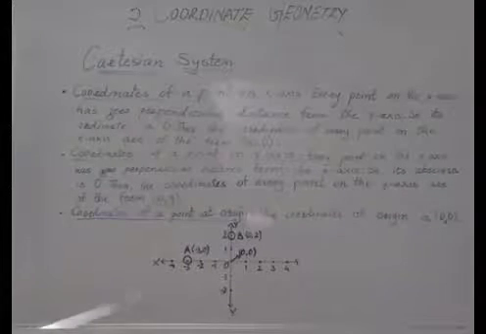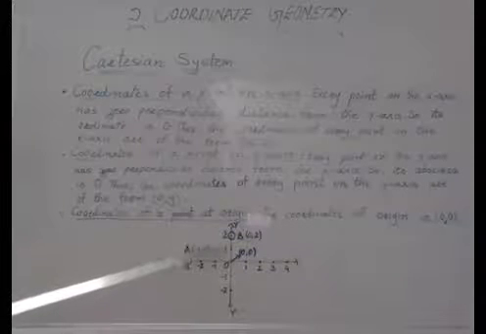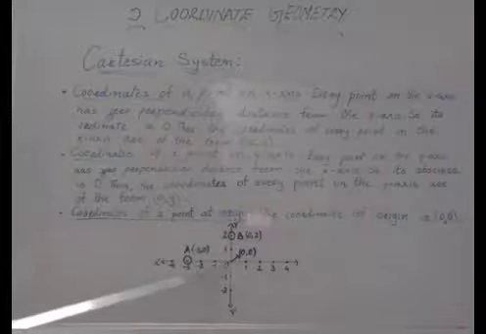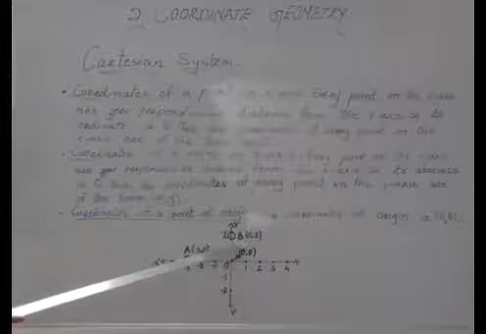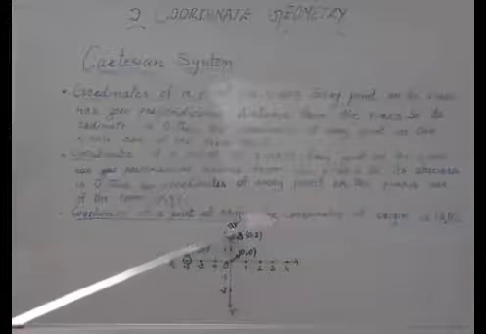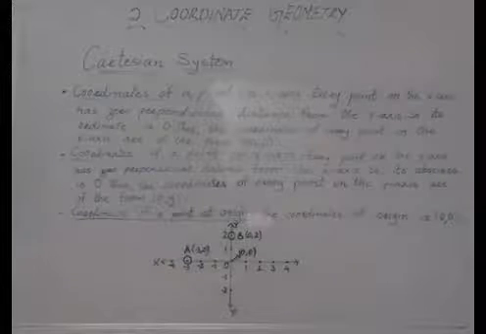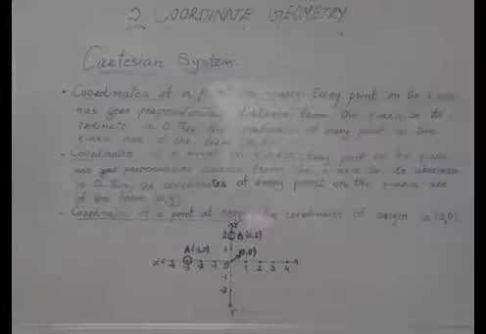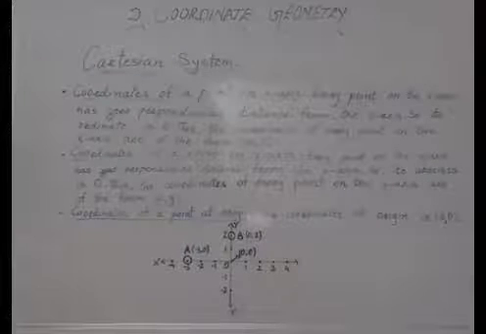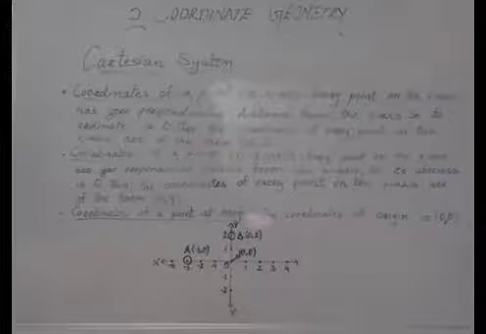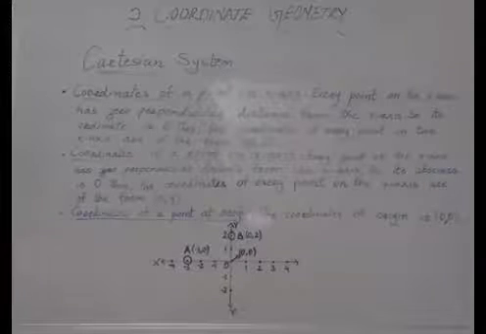For example, as you can see in the figure, point B lies on the y-axis, so its abscissa is 0 and ordinate is 2. That is, the x coordinate value will always be 0 and the y coordinate, as it is 2 on the y-axis, we take it as 2. So you have to remember this: if the given point lies on the x-axis, then its y value will always be 0. And if the given point lies on the y-axis, then its x value will always be 0.